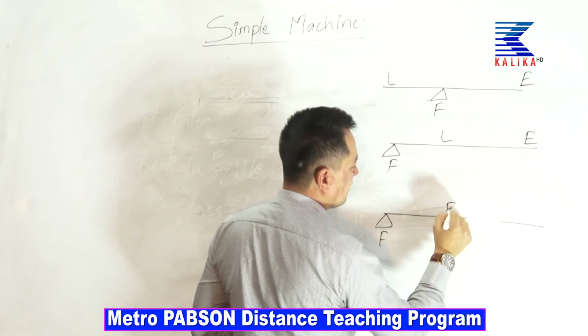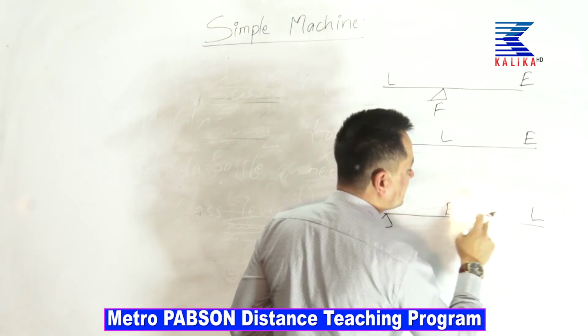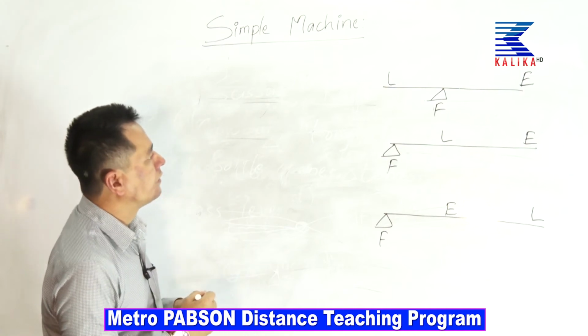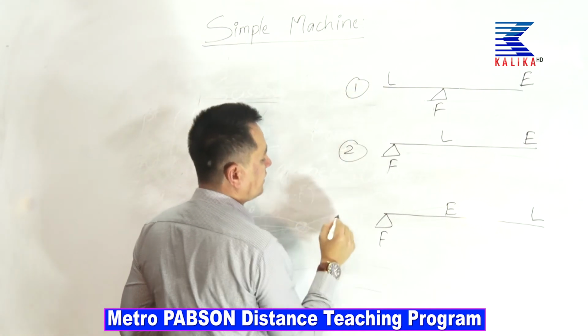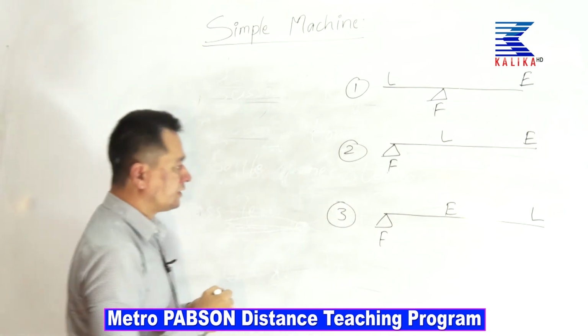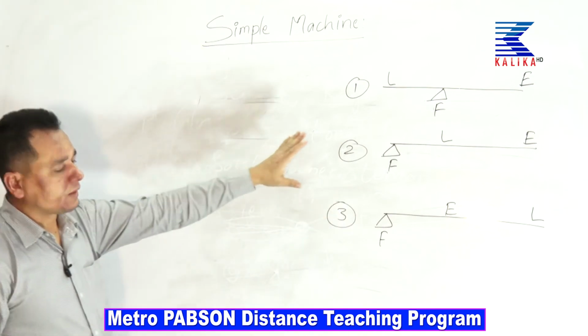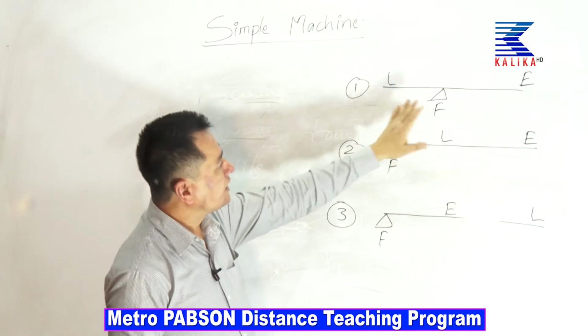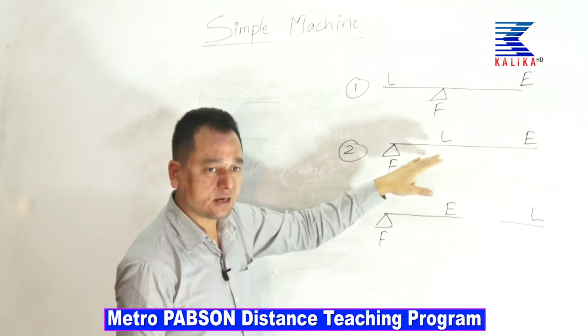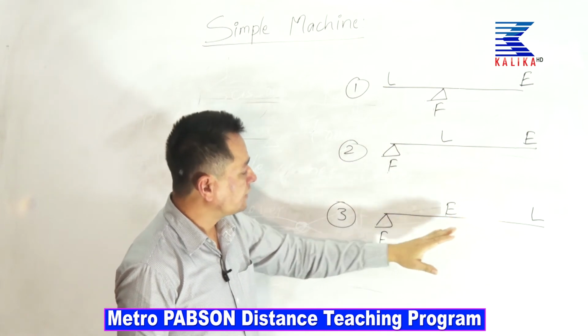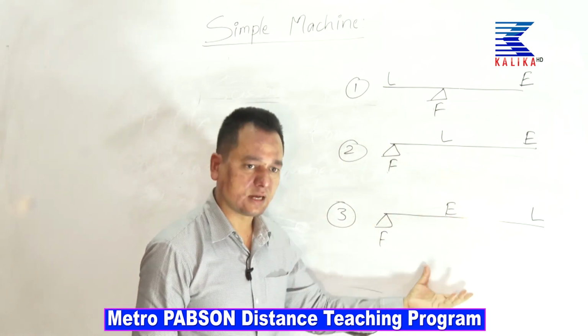Fulcrum, effort, and load: this is third class lever. See? When fulcrum lies between load and effort, this is first class. When load lies between fulcrum and effort, it is second class lever. And if effort is lying between fulcrum and load, it's third class lever.